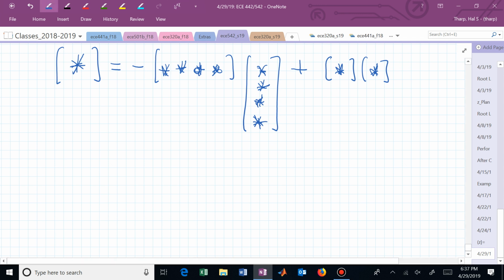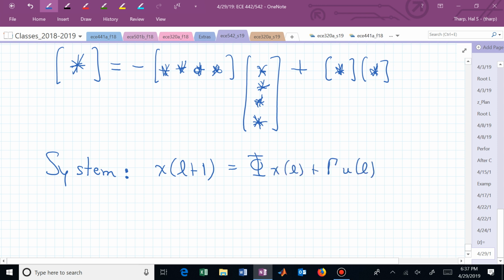Let's now use that to work through some of these equations. Our system is x at time k plus 1 equals phi x of k plus gamma u of k.